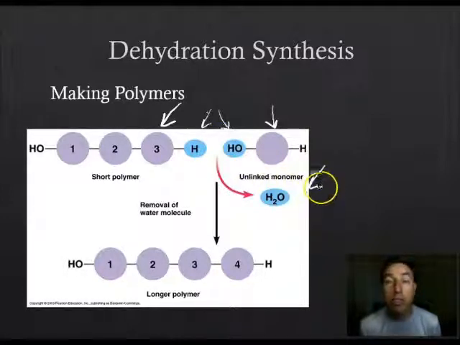And water is given off as a product in this. So our products then are this giant polymer, this bigger polymer down here with 4 units, and water. So our reactants were the short polymer and a monomer, and our products were the long polymer and the water molecule. This is dehydration synthesis because you take water away in order to create a polymer.